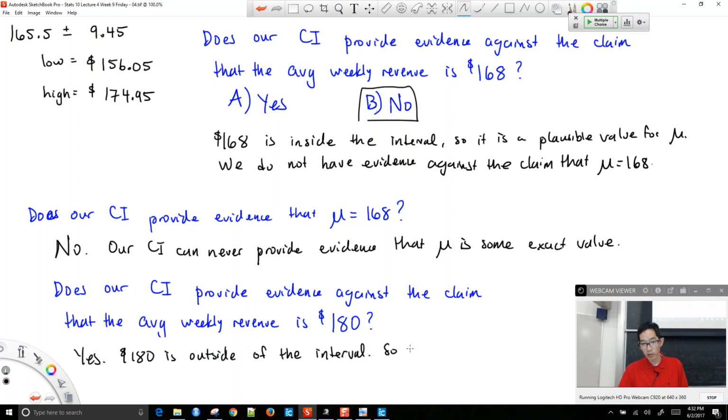So our confidence interval provides evidence that the mean is not 180.